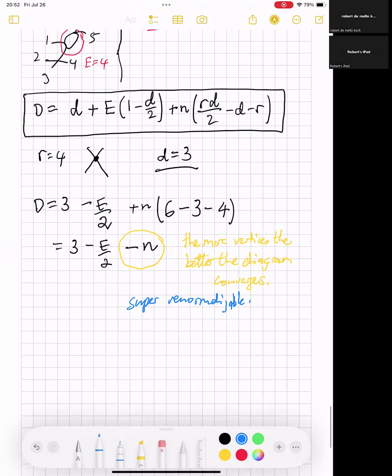But I hope that what is becoming clear to you is that this coefficient that sits here is the important piece of this formula. If it's positive, the theory is not renormalizable. If it's 0, the theory is just renormalizable. And if it's negative, the theory is super renormalizable.